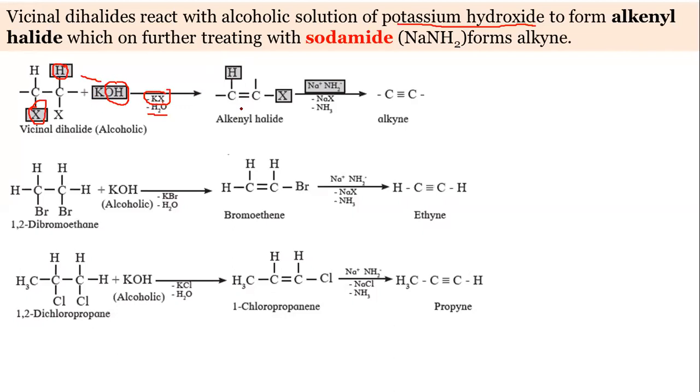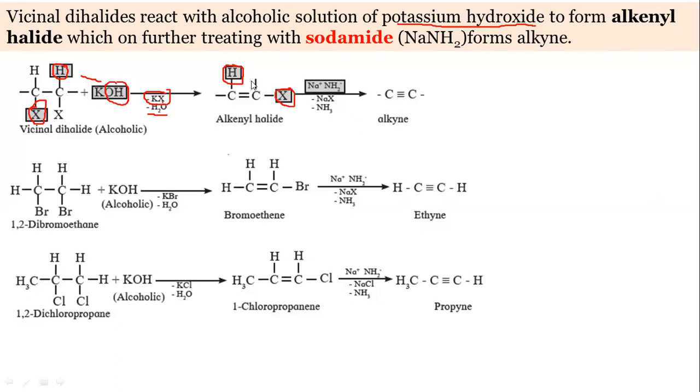But we have to prepare alkynes, means again we have to do dehydrohalogenation, two times. Two times we have to remove the hydrogen and halogen. If you remove one hydrogen and one halogen, we get a double bond here. Again, we have to remove this hydrogen and this halogen. Then we get the triple bond in the final compound.